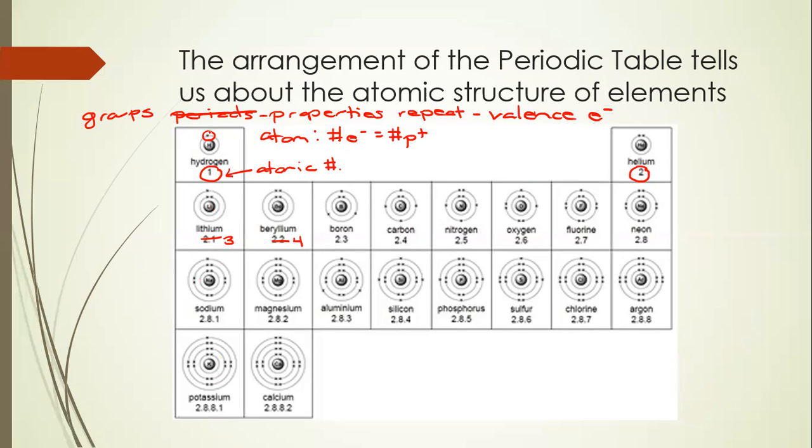So all of the elements in group 1 have 1 valence electron. All of the elements in group 2 have 2 valence electrons.